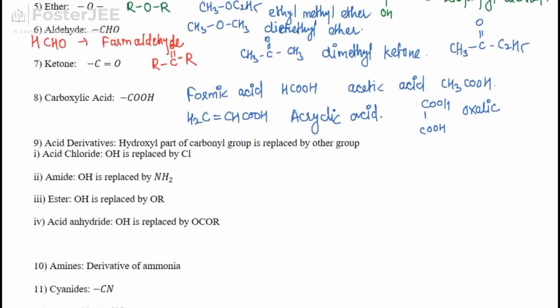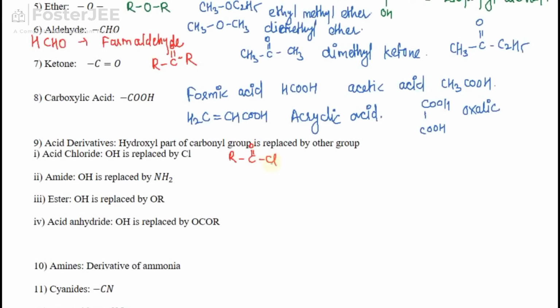Now move to the next category, that is acid derivatives. So these are the compounds which are obtained by the replacement of the hydroxyl part of the carbonyl group with other group. For example, the first one is acid chloride. In this, the OH group is replaced by the Cl chlorine group, and the functional group is R C double bond O Cl.